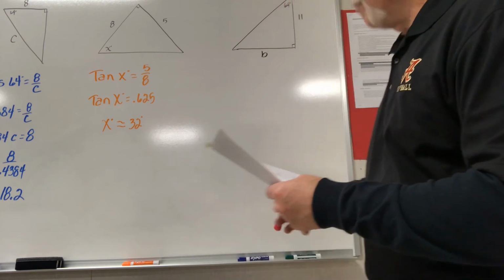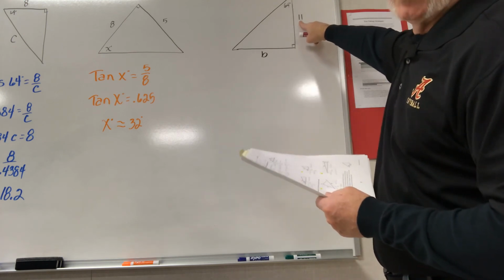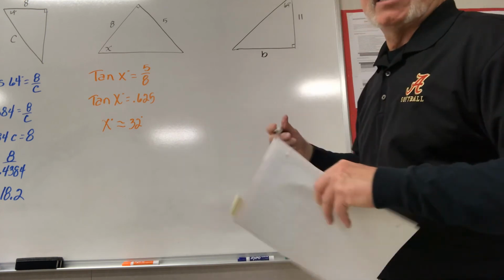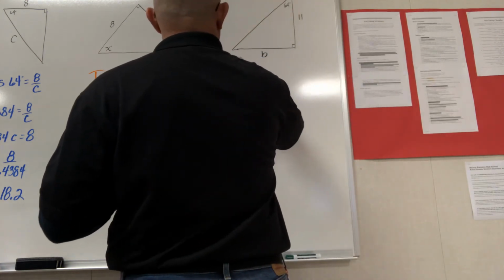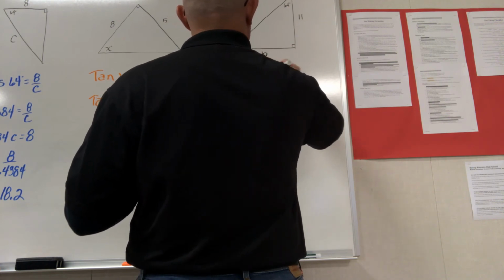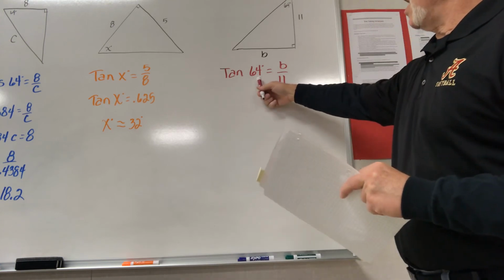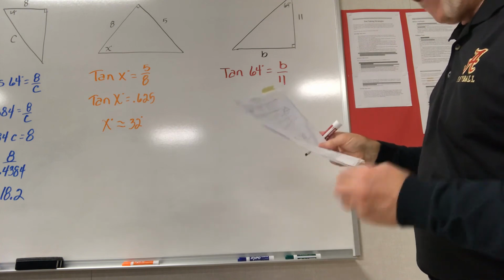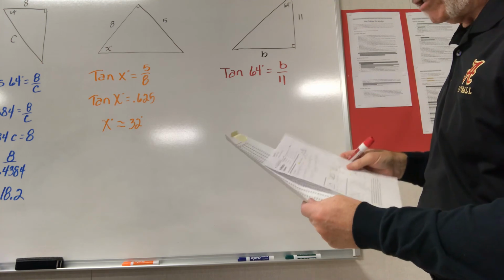So, my next one here. I've got a 64-degree angle. I've got the leg and the leg. Once again, we're dealing with a tangent problem because we don't have the hypotenuse. The tangent of the angle equals the opposite leg over the adjacent leg. Find the tangent of 64 degrees on your chart.